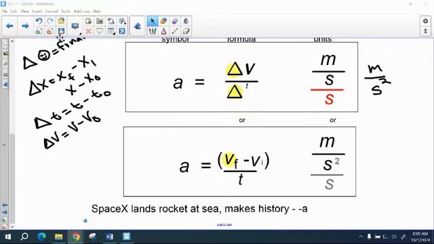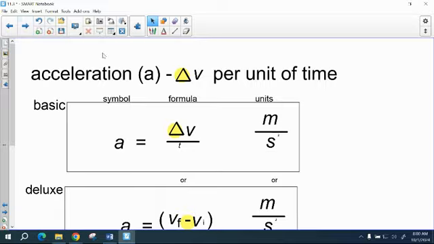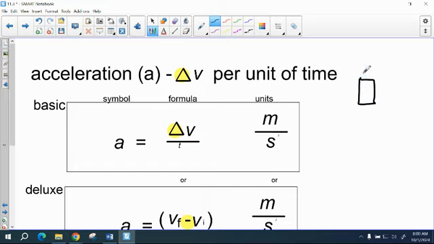So now what does that have to do with all this stuff? Well, basically when the rocket is landing, and we'll just put this in here on the side as a side note, when that rocket is landing, its velocity is going this way.